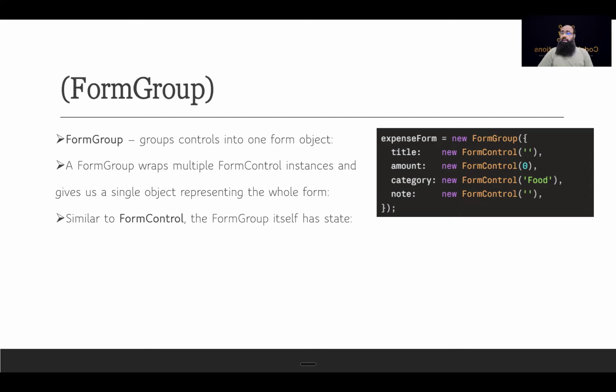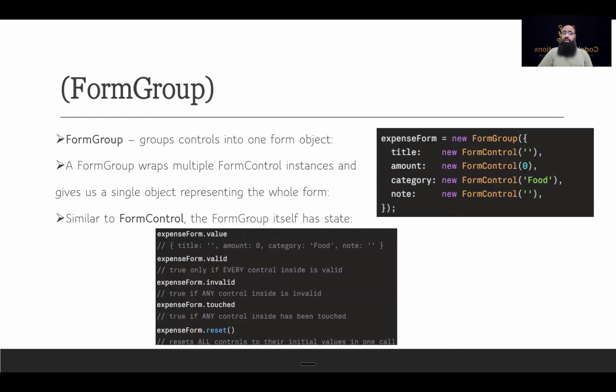So again, the expense form itself is going to have a state of its own. If we need to fetch the values of all the controls like title, amount, category, and note, we can just get expense form dot value. If we need to see if the form is valid, we can use the valid property.